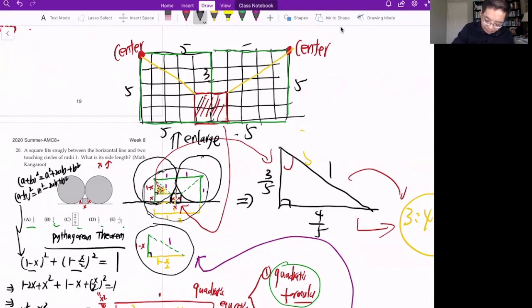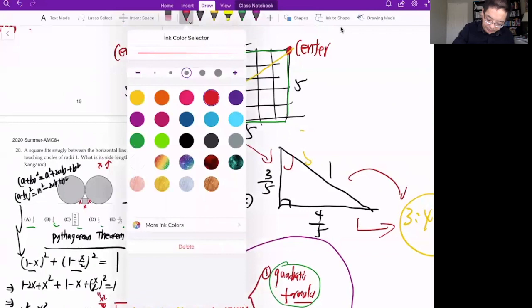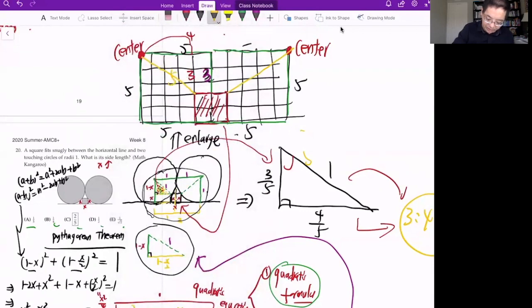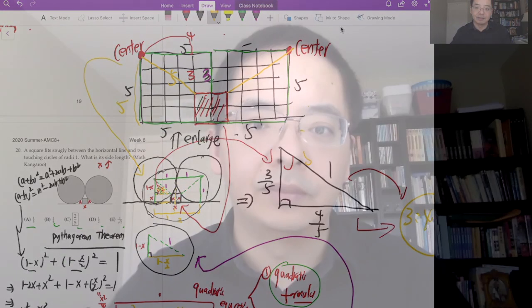This is 3, this one is 3, this is 4. So we get this one is 5, and this is also 5. And that's exactly the situation here. So my point is that after we know we have this special triangle 3, 4, 5, we can go back to recover this picture by putting 2 squares together, and this demonstrates this is indeed what happens.